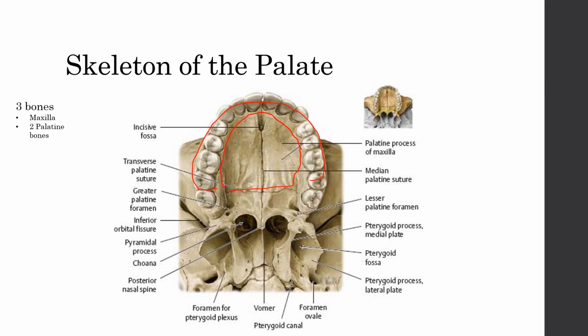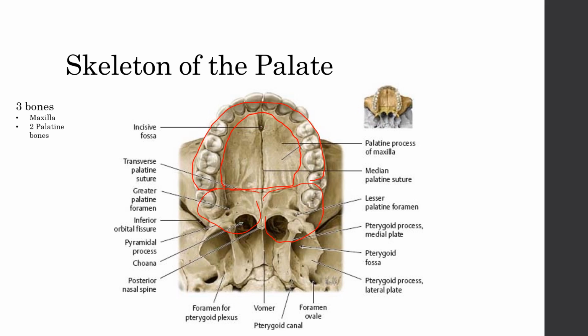Important features of the maxilla to be noted from this view are the incisive fossa here and the median palatine suture. The incisive fossa gives pathway for the nasopalatine nerve and the sphenopalatine arteries. And these are the two palatine bones. From this view, we are able to see the horizontal plates of the two palatine bones.